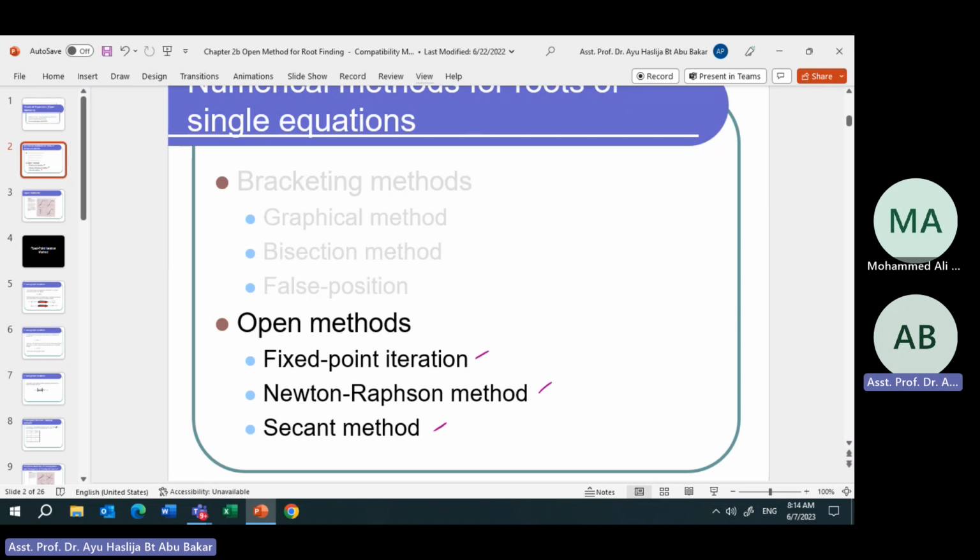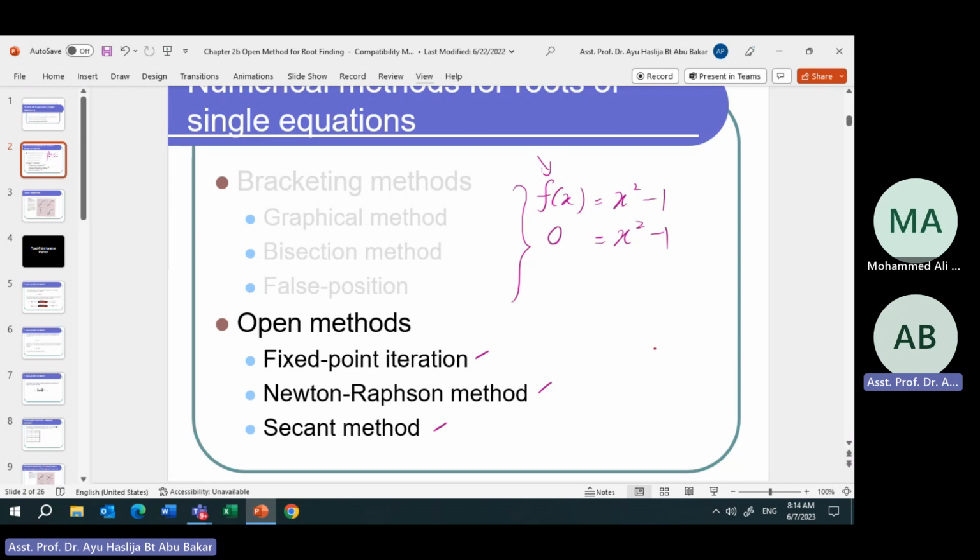Fixed point iteration means you will be given an equation, so you will need to rearrange the equation. In bracketing, let's say you are given f(x), you have to make sure f(x) equals 0.